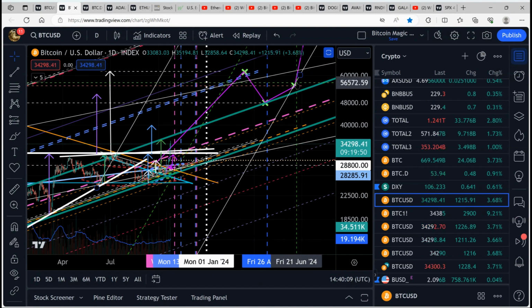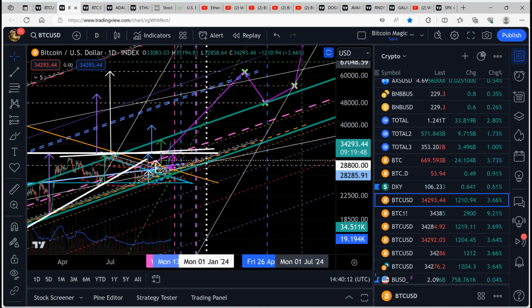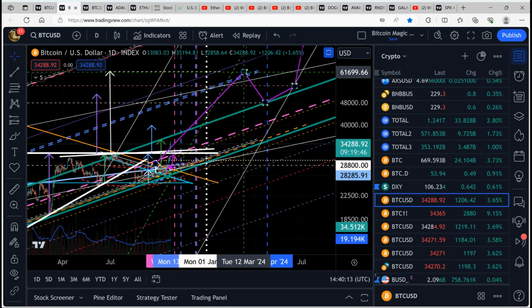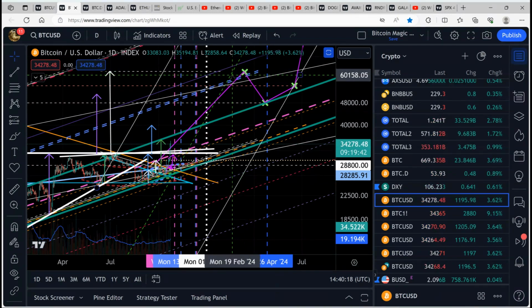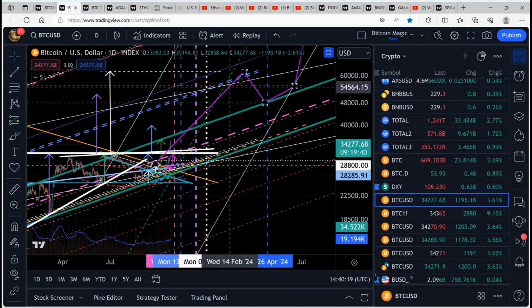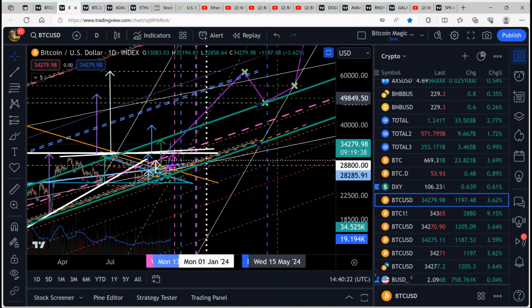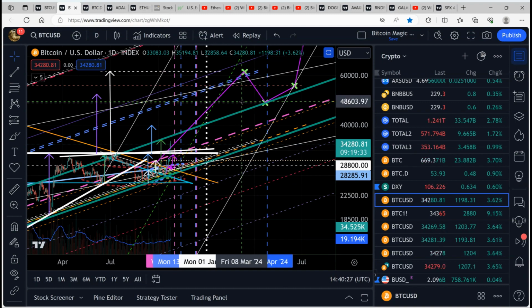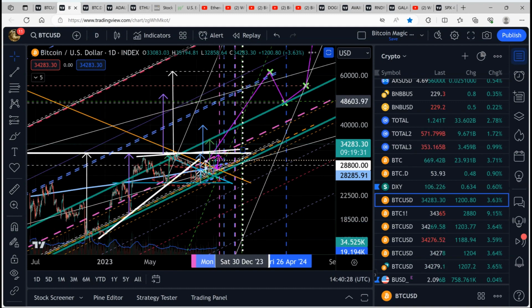I think this one might be a little bit higher, probably, and this one might be a little bit sooner than March, maybe back here. I don't know. But this is approximate. I think this is what we're going to do. And I really think that 48,000 at the halving is going to happen based on stuff I won't get into now. It's going to make this video too long.